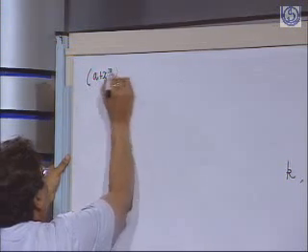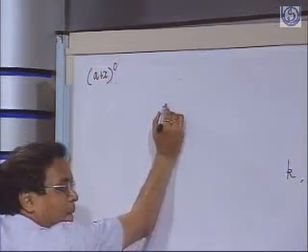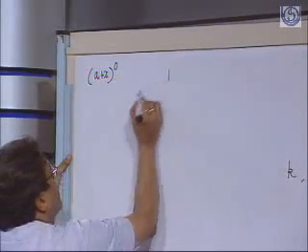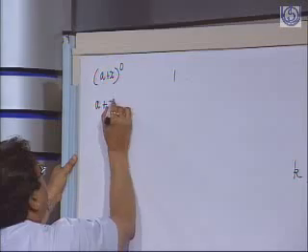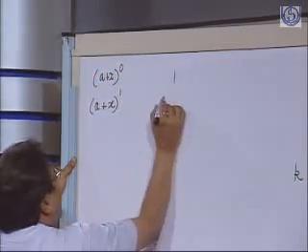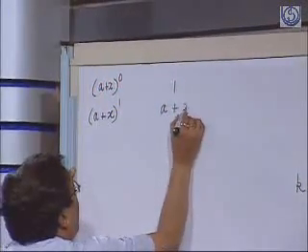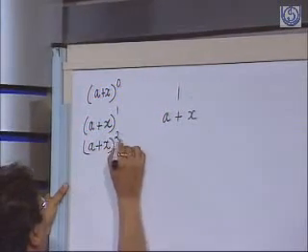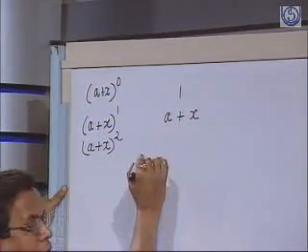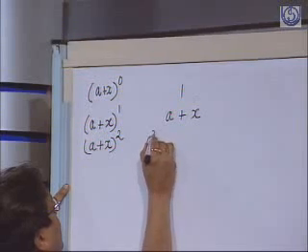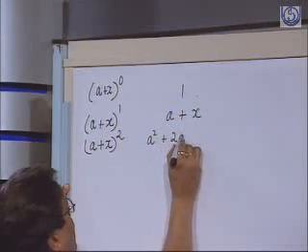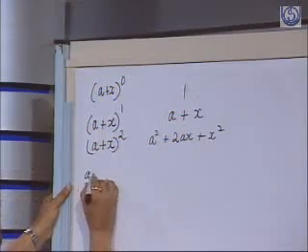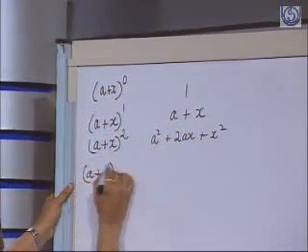What is (a plus x) to the power of 0? Anything raised to the power of 0 is 1. Fine. (a plus x) to the power of 1. (a plus x) whole square is a square plus 2ax plus x square. (a plus x) whole cube.